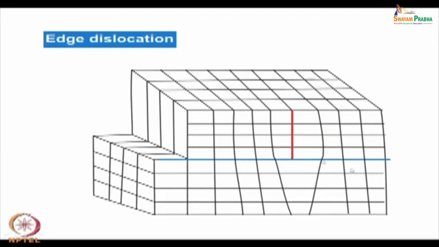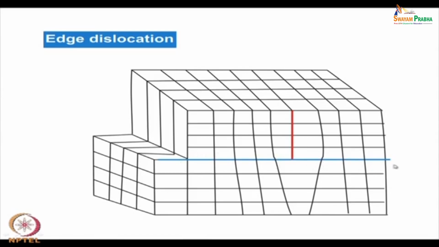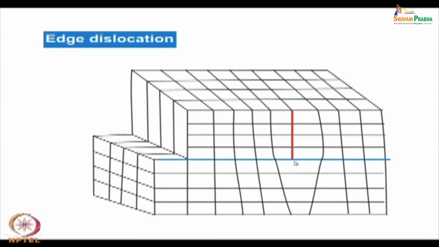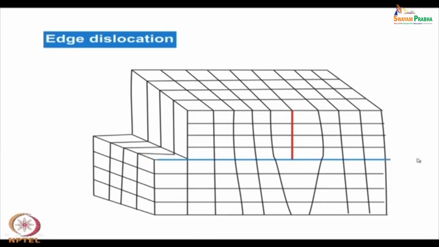At this intermediate stage, no step has been formed yet. But after some time, if you continue to apply the stress, this extra edge will slowly move and finally go out. So, a step will form and it will come to an equilibrium state.